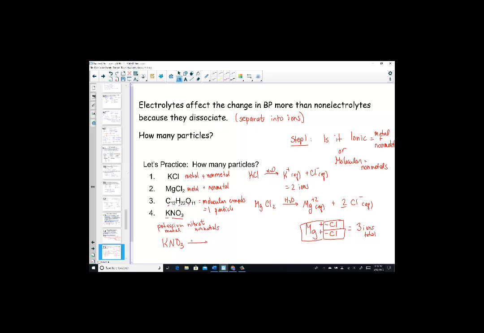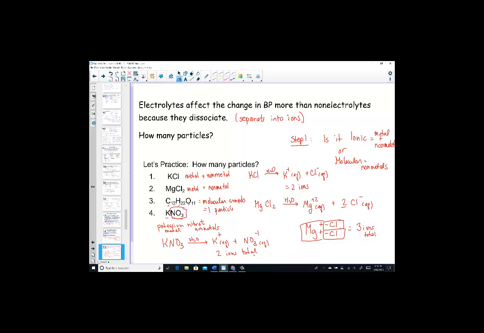When potassium nitrate is placed into water, the potassium ion separates from the polyatomic ion nitrate. Remember the nitrate, this is one unit. A polyatomic ion stays together. It does not dissociate away from each other, but acts as a unit carrying a charge. So you have 2 ions total.